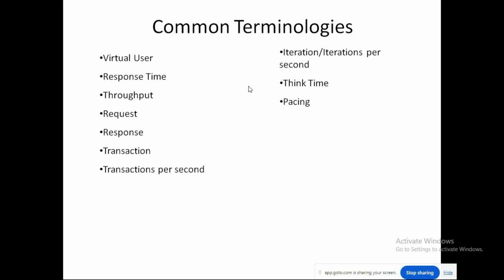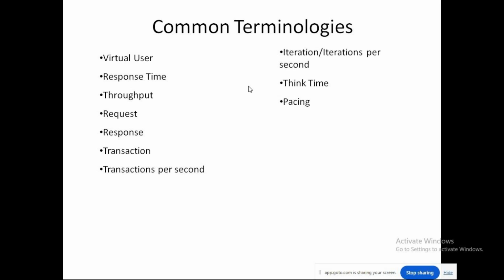Pacing. So we already said what an iteration is, right? One complete user flow is your iteration. Now during load testing, or stress testing, or endurance testing, or any other performance testing, you do not do only one iteration. Remember this.